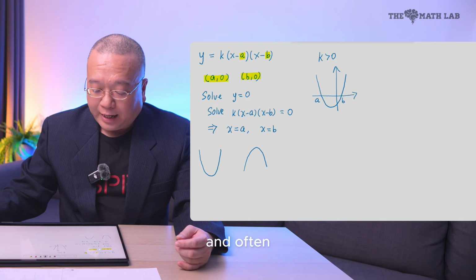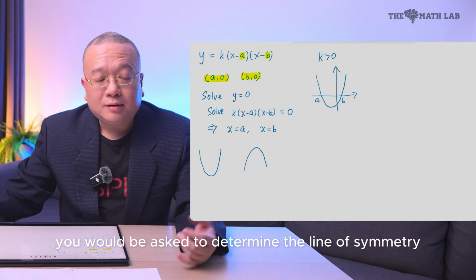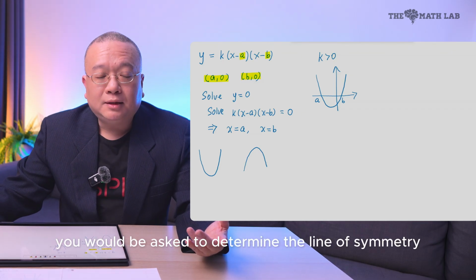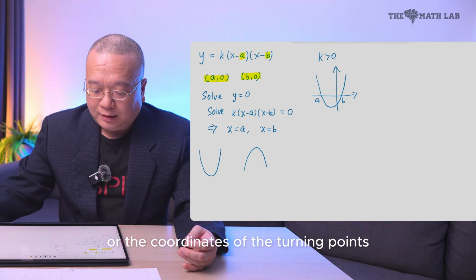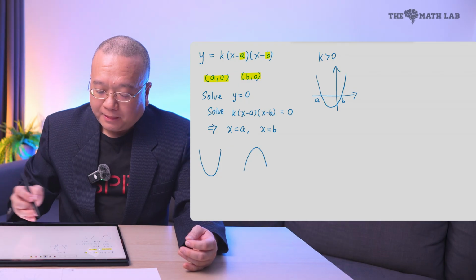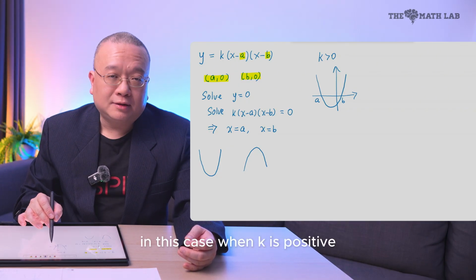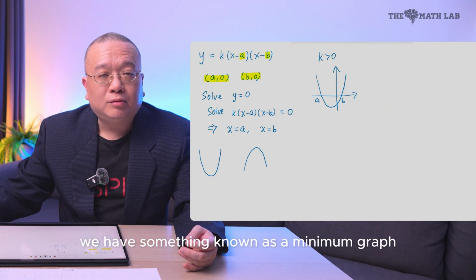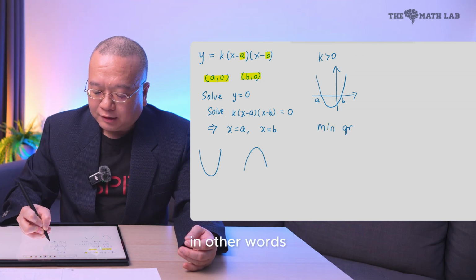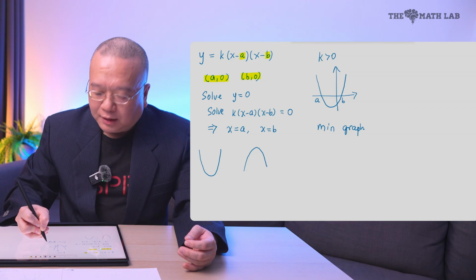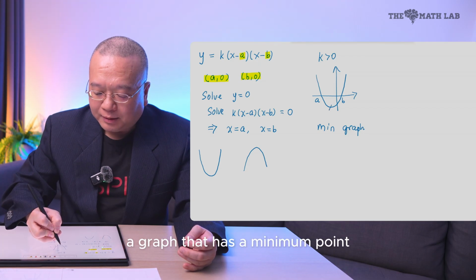Okay? And often you would be asked to determine the line of symmetry or the coordinates of the turning point. In this case, when k is positive, we have something known as a minimum graph. In other words, a graph that has a minimum point.